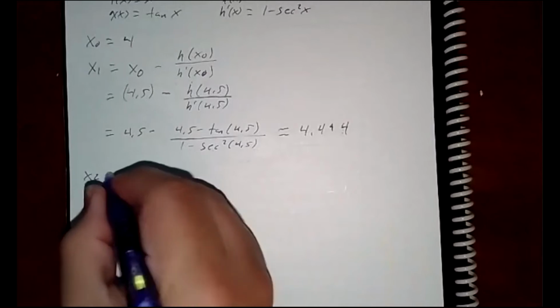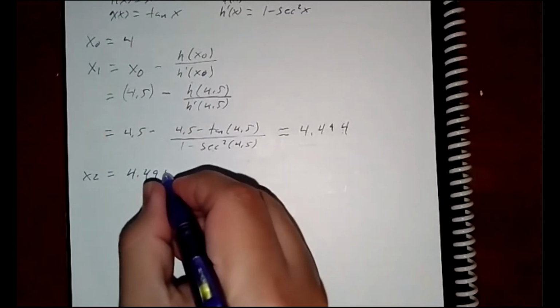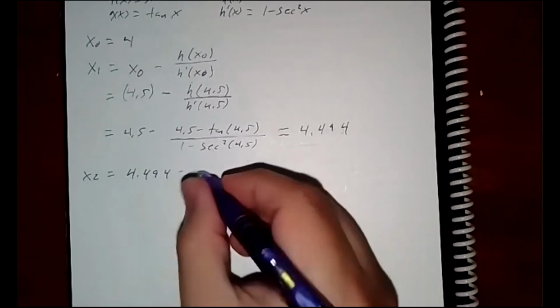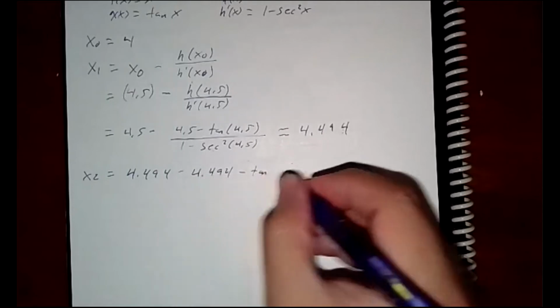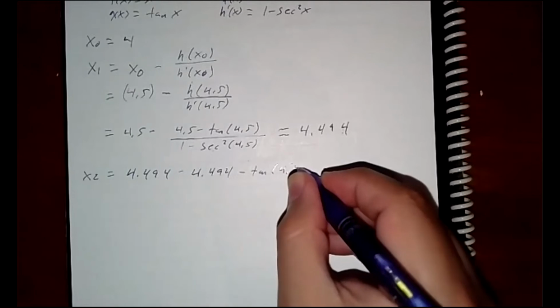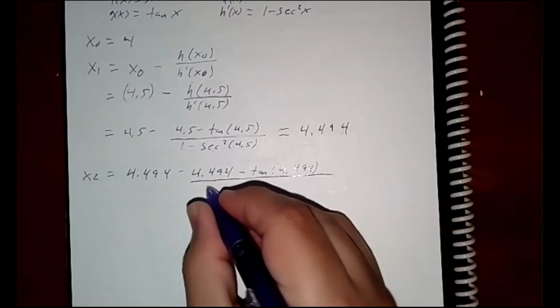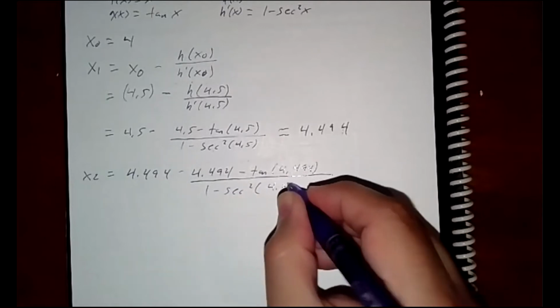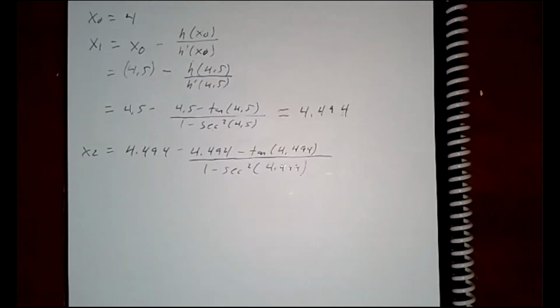So now x2 will be 4.494 minus tan of 4.494 over 1 minus secant squared of 4.494. All right, so plug that in.